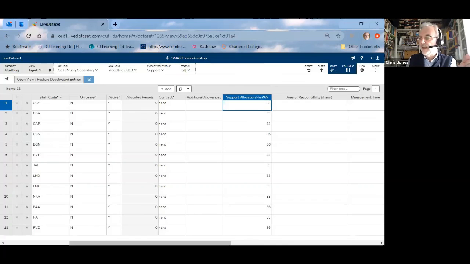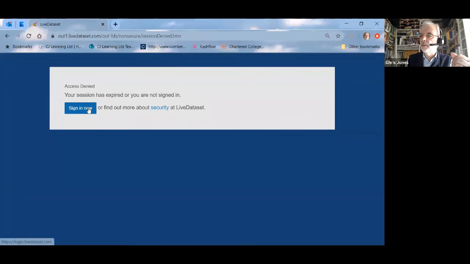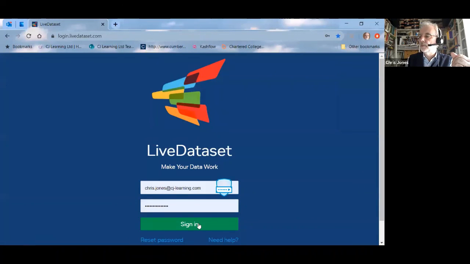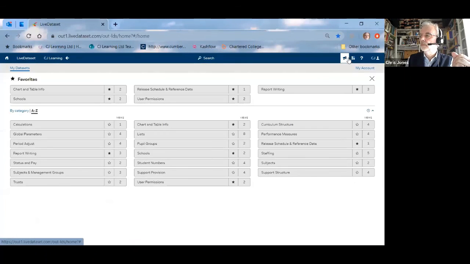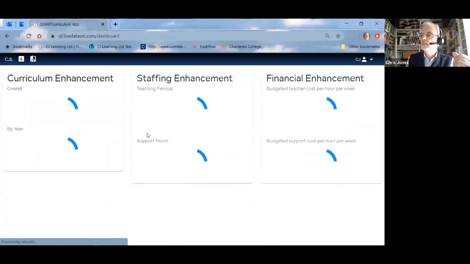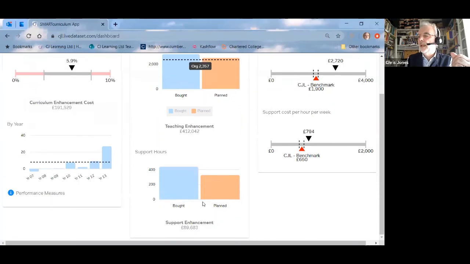But you would need that list included. Now, we have seen a number of schools where they haven't actually put in the support hours, and that's why it's not showing. So now we have a completed chart.